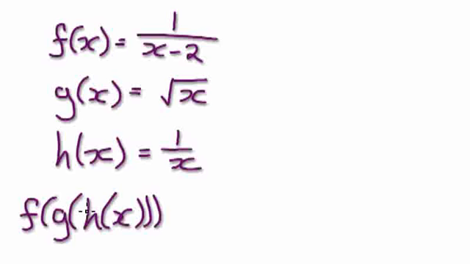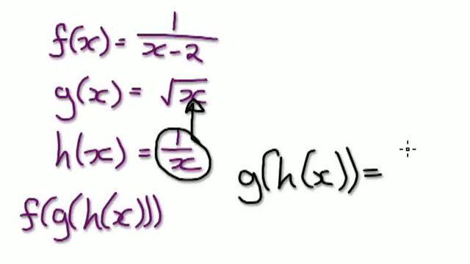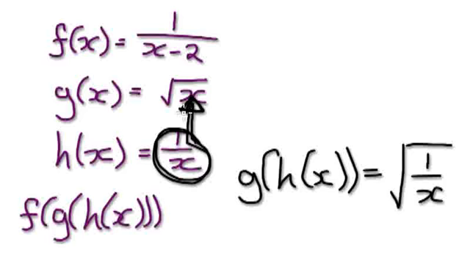Now we come to put h of x into the g. So we've got to put this into here, and it will look like this: g of h of x will look like root 1 over x, because we are putting this into this thing here.